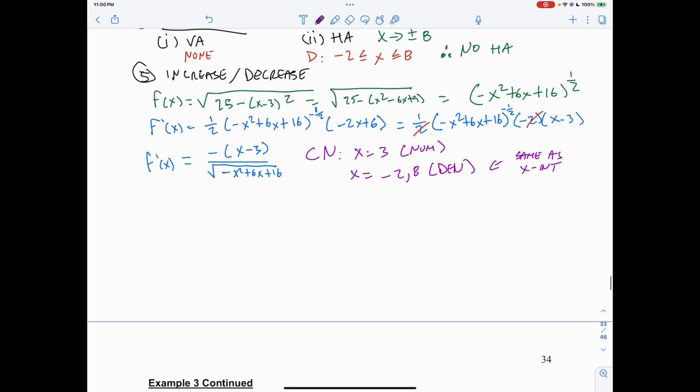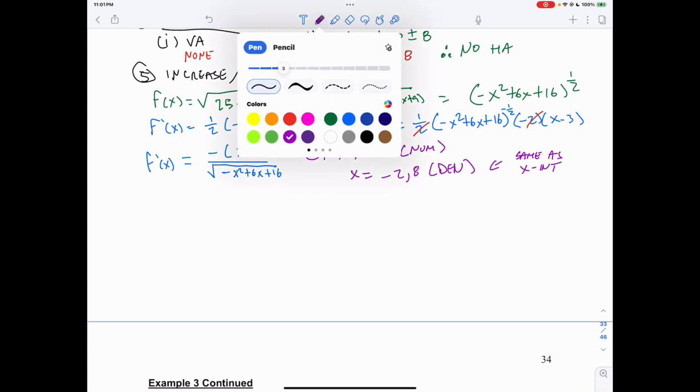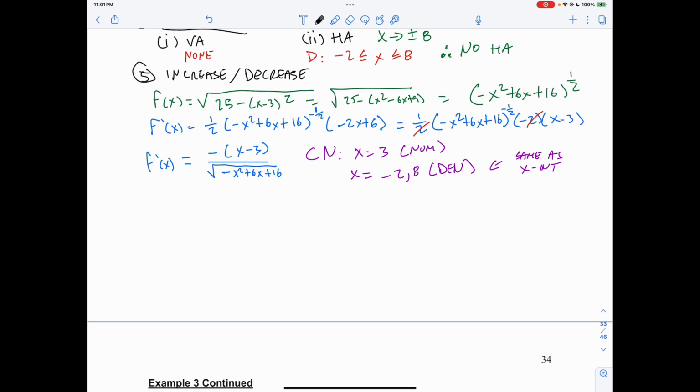It is also the same as our restricted domain when we do that first derivative test. Remember, nothing exists outside of that domain.